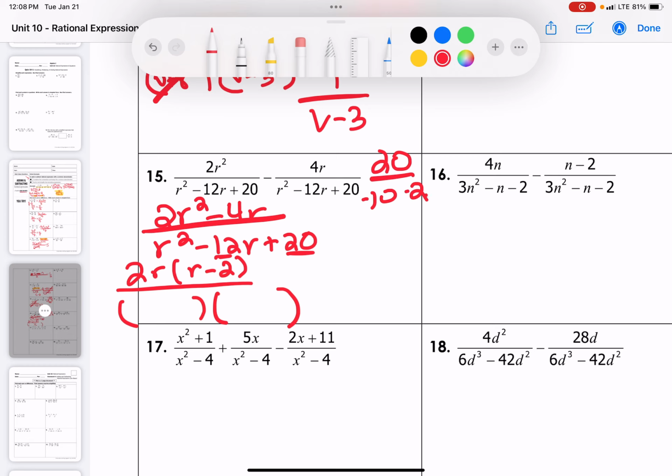Because negative 10 times negative 2 gives me a positive 20. Negative 10 plus a negative 2 gives me a negative 12. So I'm going to have r minus 10 and r minus 2. Can I simplify anything? I can, right? The r minus 2's cancel. And now I'm left with 2r over r minus 10.